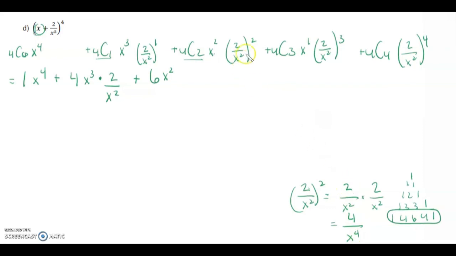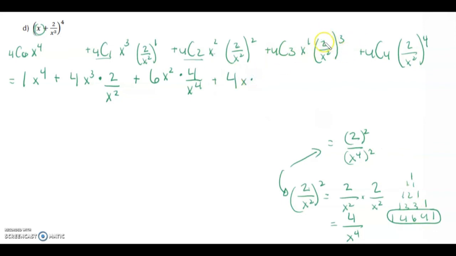The other way that you can look at that is, if we have 2 over x squared, we can square the numerator and square the denominator. So square the numerator, 2 squared is 4, square the denominator, x to the 4. So it's either or. 4 choose 3 is going to be 4, x to the 1.